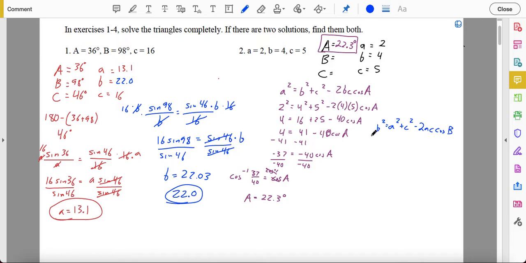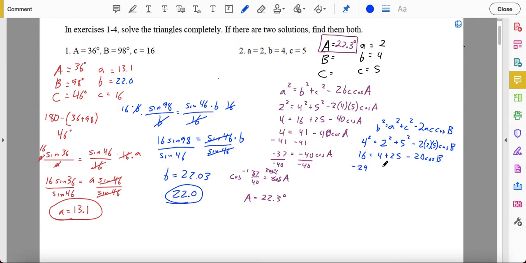All right, so B squared. So we got 4 squared equals 2 squared plus 5 squared minus 2 times 2 times 5 times cosine of B. 16 equals 4 plus 25 minus 20, that's 2 times 2 times 5, 20 cosine B. Combine these and subtract.